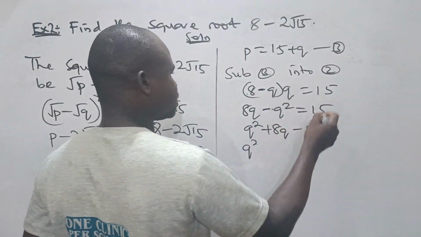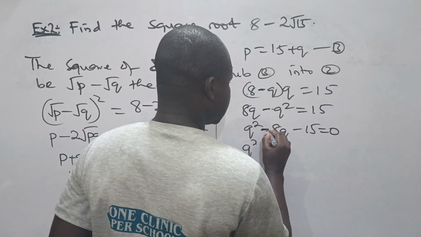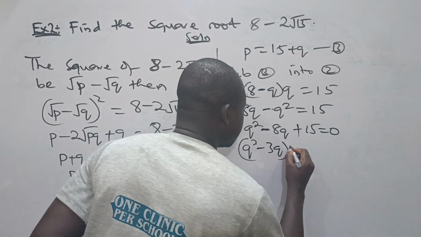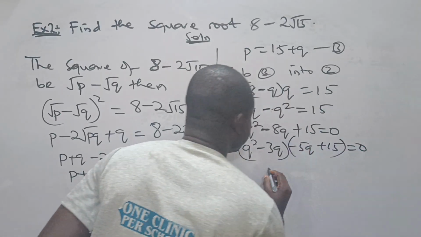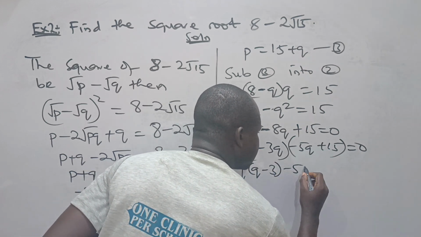So if we take everything to this side, we have q squared minus 8q plus 15. So here I'm going to have minus 3q minus 5q plus 15 equal to 0. I'll do the grouping. Here will be q minus 3. Minus 5 is common.